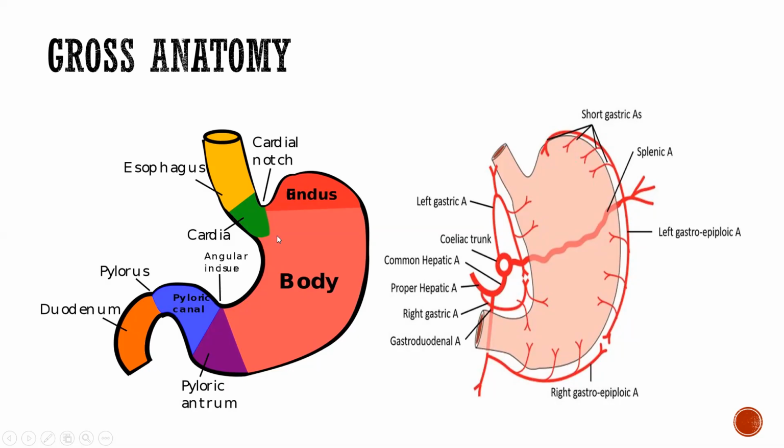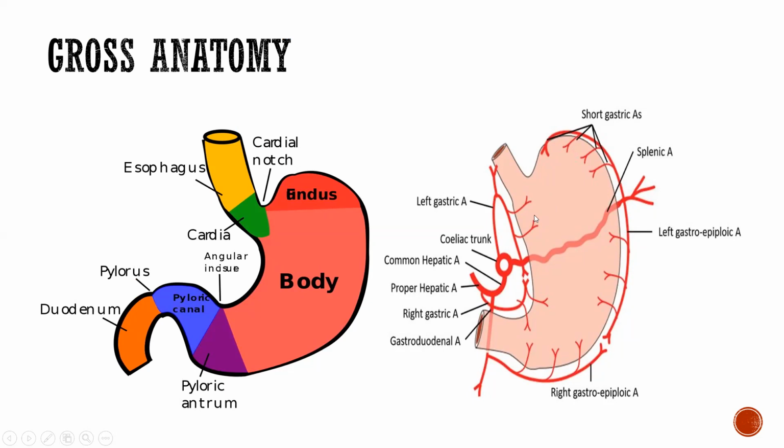The part where the esophagus enters the stomach is called the cardia. Up here we have the fundus, the body here, the pyloric antrum here, and then a pyloric canal here. There's the greater curvature here, and also the lesser curvature here.